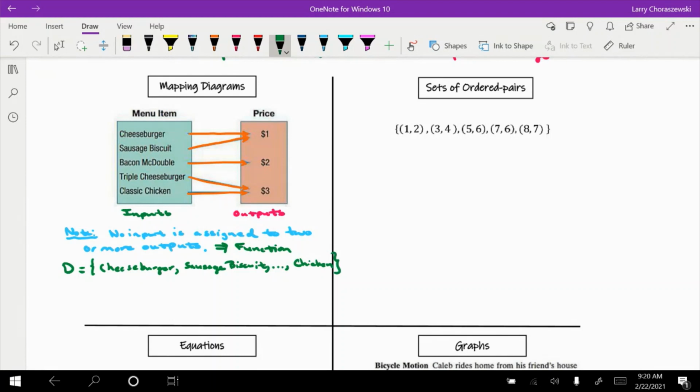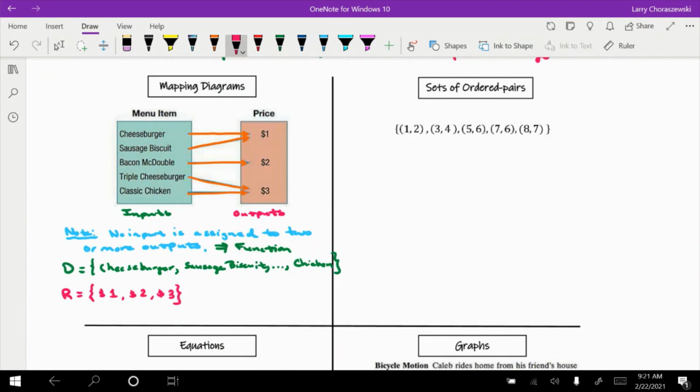And that would be the domain of this function. The range, which I'll indicate by capital R, would consist of the different prices. So $1, $2, and $3. So far, so good? Rock on.